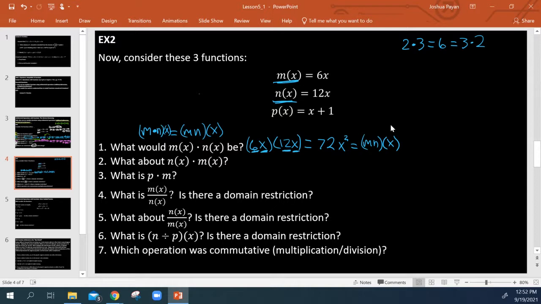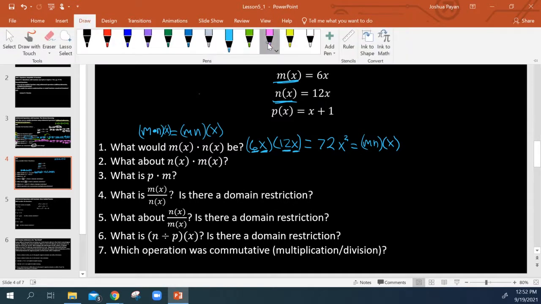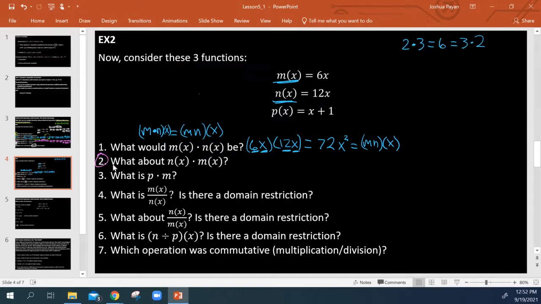That said, it does not apply to division. So for number 2, I can go ahead and say my answer is going to be exactly the same, right? n times m of x is going to be the exact same thing as m times n of x because of the commutative property, which means it's also going to be 72x squared.